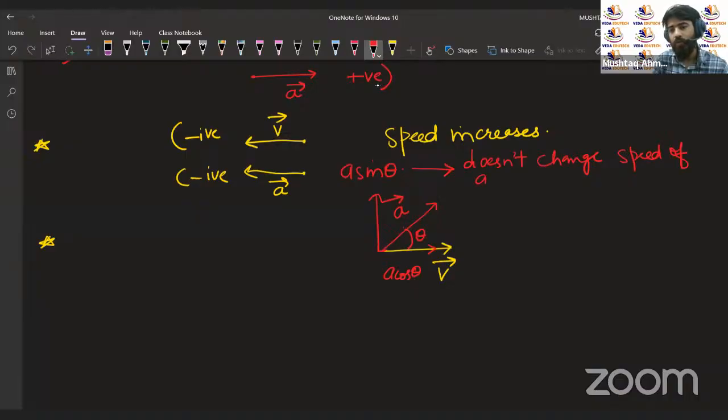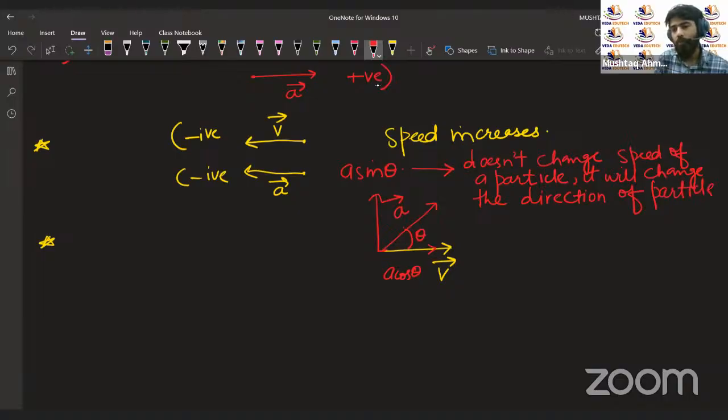Now, what does this do? The perpendicular component of acceleration only changes the direction of the particle.